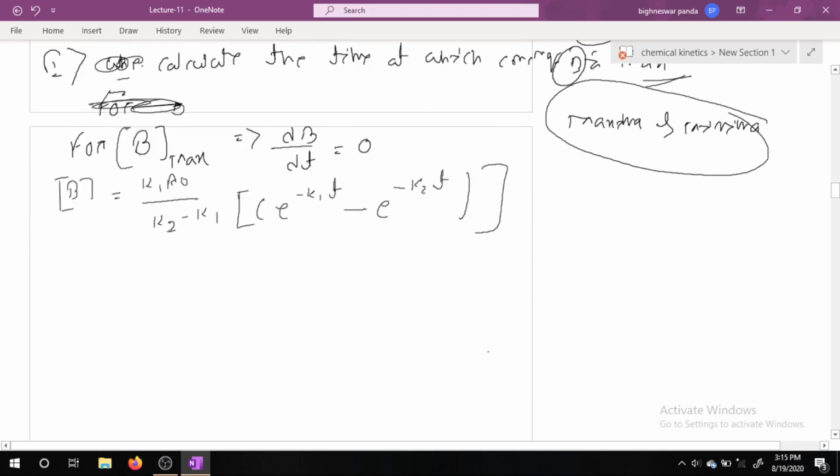So this is the concentration of B. By differentiating with respect to t, dB by dt is K1 A naught by K2 minus K1 into the differentiation of e to the power minus K1 t, which is minus K1 e to the power minus K1 t, plus K2 e to the power minus K2 t.